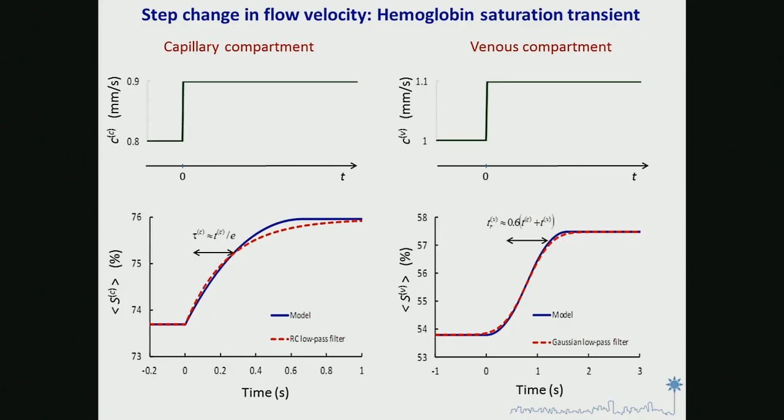And of course, as expected, this time constant is directly related to the blood transit time in the capillaries and in the veins. So this is really what the model does. It calculates quantitatively this hemodynamic response and then obtains transfer functions and impulse response functions that allow for the generalization to any arbitrary perturbation.